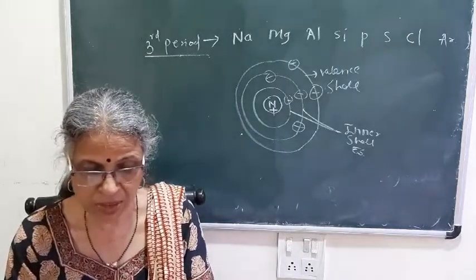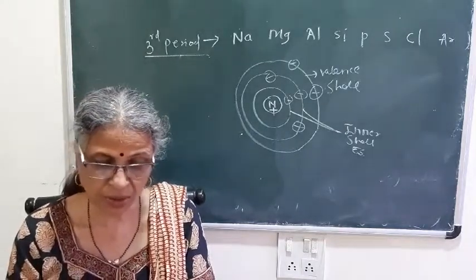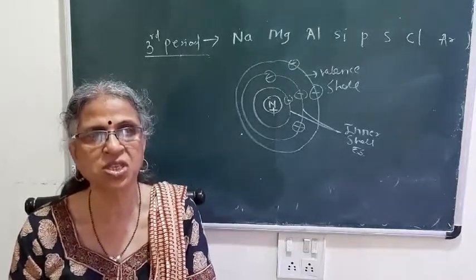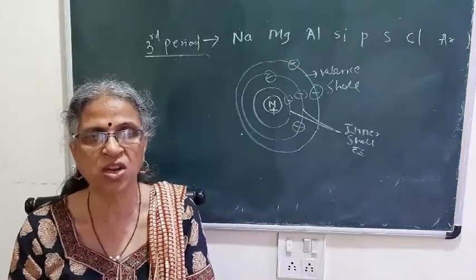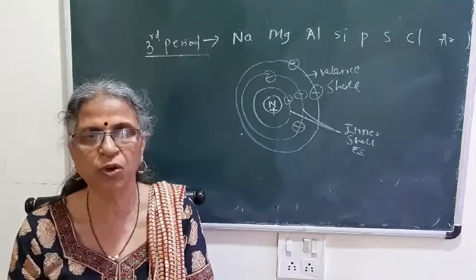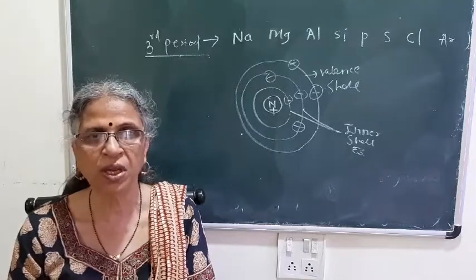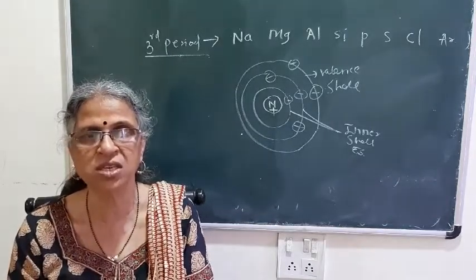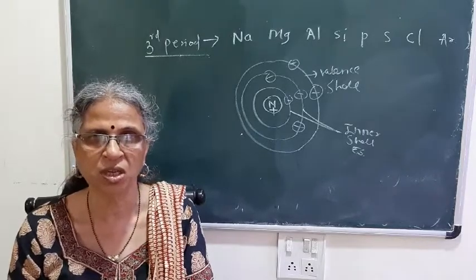Now what happens? Another thing, the penultimate shell. Penultimate shell means the shell which is inside the outermost valence shell. After losing the electron from the valence shell, that penultimate shell becomes the outermost shell, and it has a stable octet configuration.